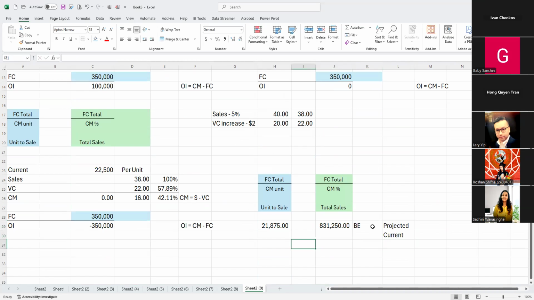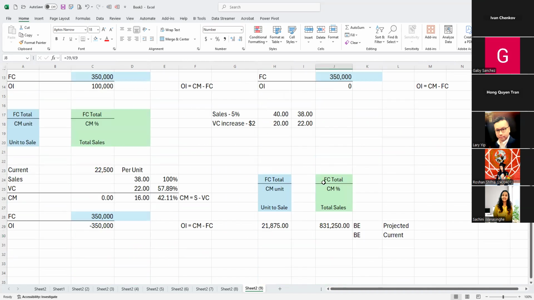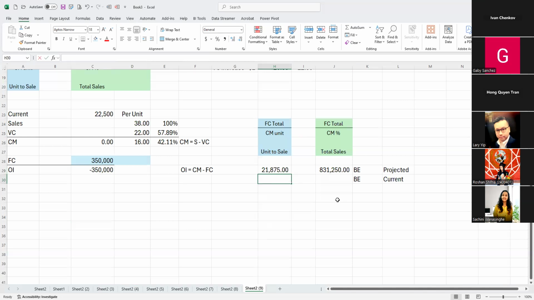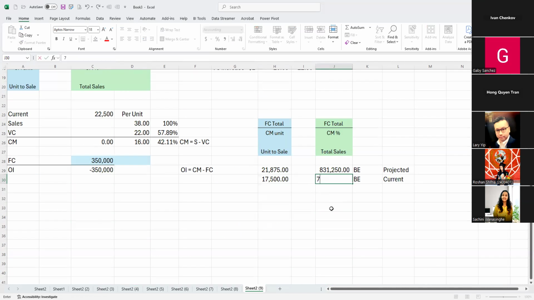Do I know my current units for the break-even? 17,500, correct? Yes. We already know that. Now, do I know my sales amount in dollars at the current situation? Yes, 700,000.